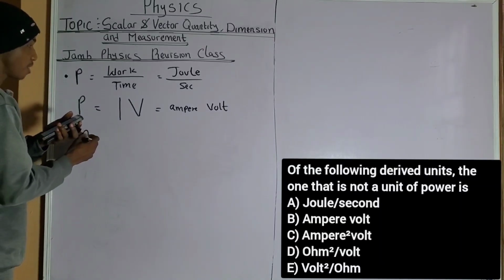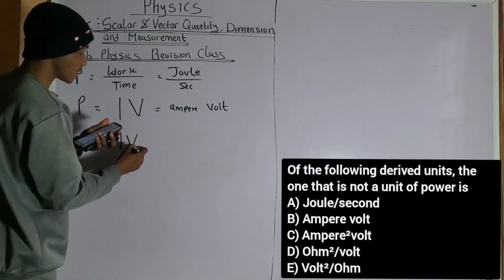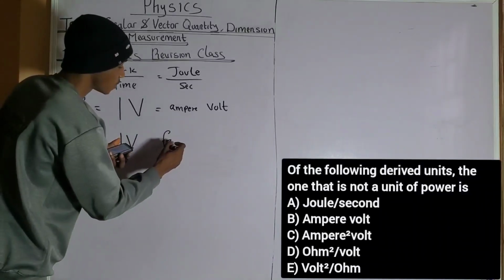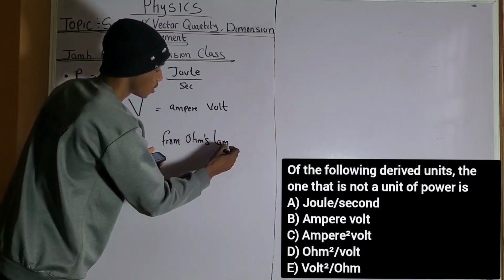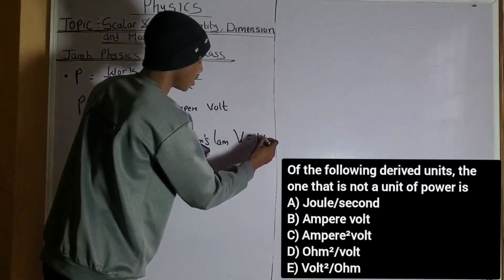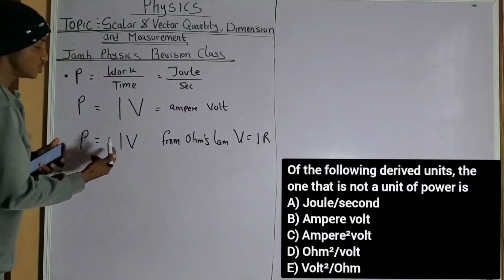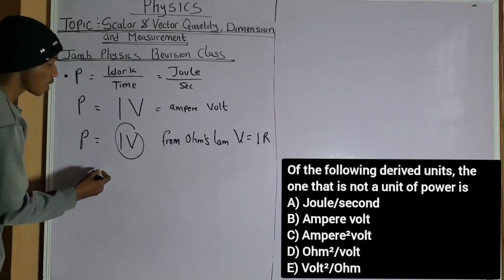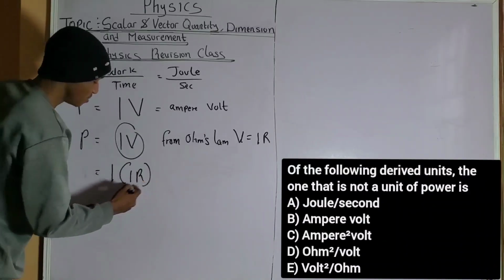Power is equal to IV, current multiplied by volt, right? Now, do you know that from Ohm's law, V is equal to IR? So if V equals IR, you can replace V here. You're going to have I multiplied by IR. So this will give me what?